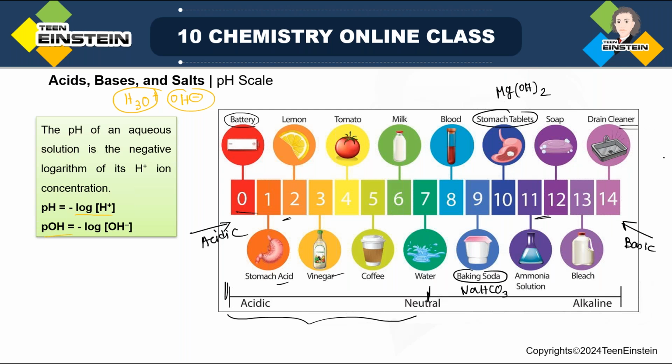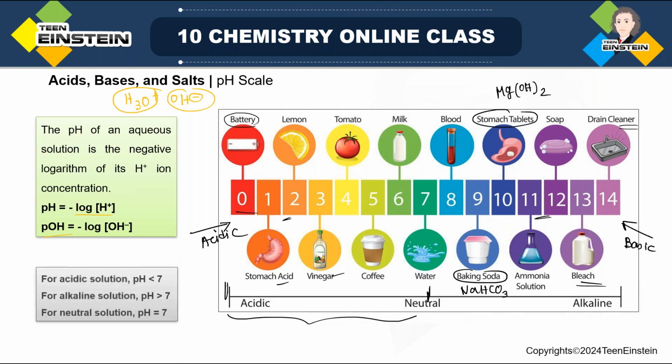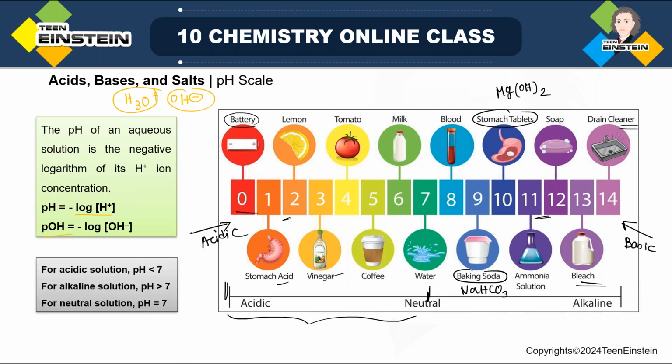Then drain cleaner, which is very strongly basic. When we use a drain cleaner to remove a blockage in the sink or basin, it is very strongly basic. And then bleach is also strongly basic, right? So remember this: for acidic, pH must be less than 7, for alkaline it is the reverse, and for neutral it has to be exactly 7, right?